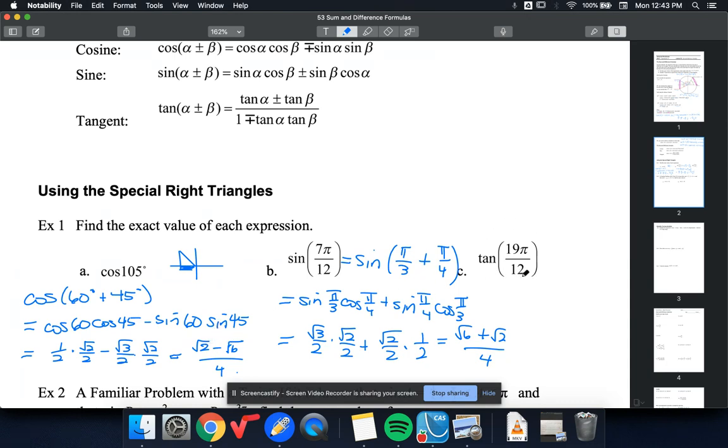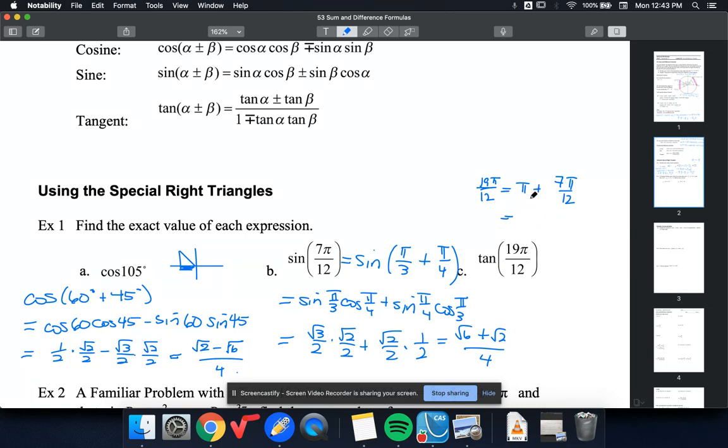So let's think about up here, 19 pi over 12. Well, 19 pi over 12, if I'm thinking about that, that's the same as pi plus 7 pi over 12. Well, I know that the 7 pi over 12 was pi over 3 and pi over 4. So I don't want to have 3 sums, though, because that just means I have to do my sum formula twice.